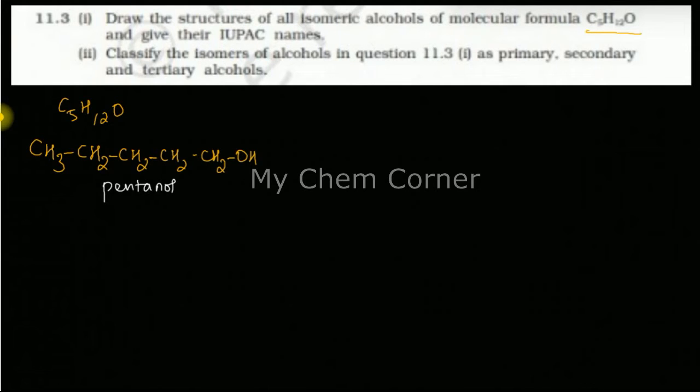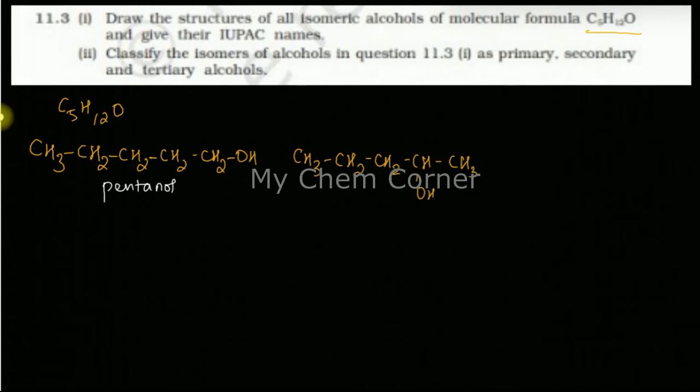Now the next thing is, I need to form an isomeric structure. They haven't told which isomer you need to form. So what I'll do is, instead of keeping OH in the first position, I'll just shift it to the second position. So here I have CH3, CH2, CH2, CH, here I'll put an OH and then I'll put a CH3.